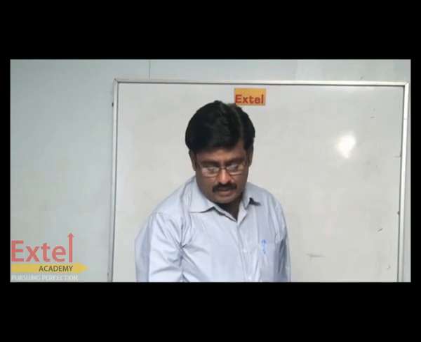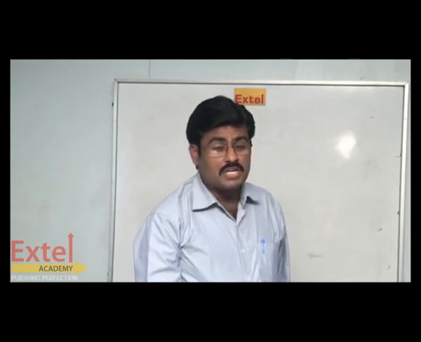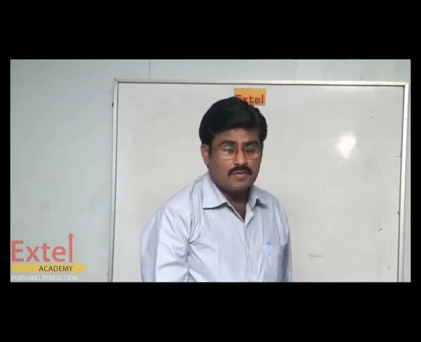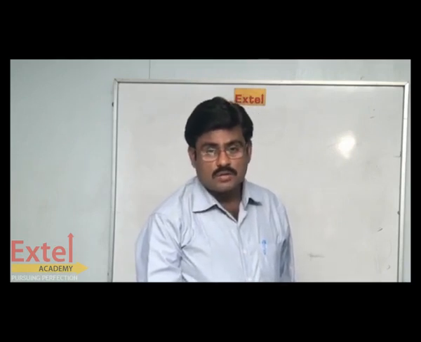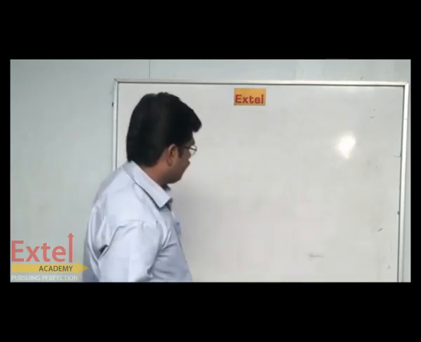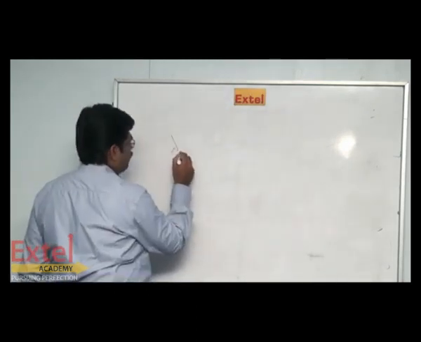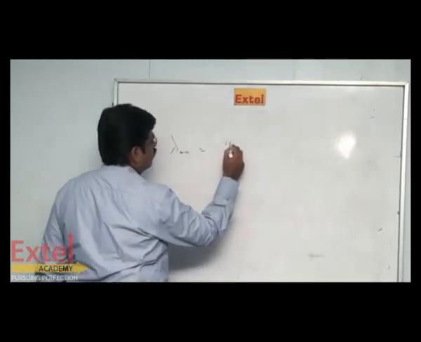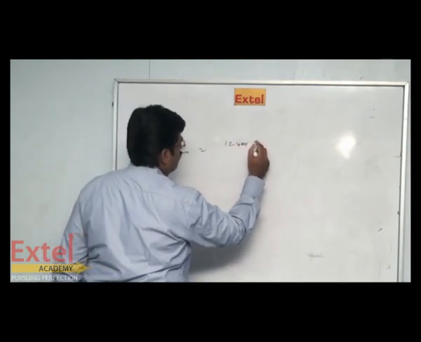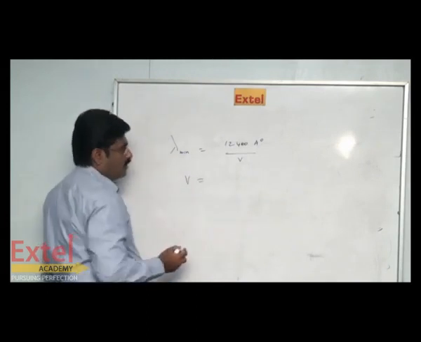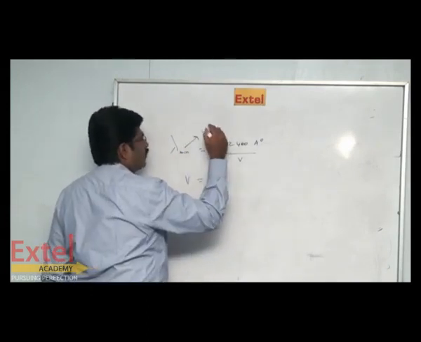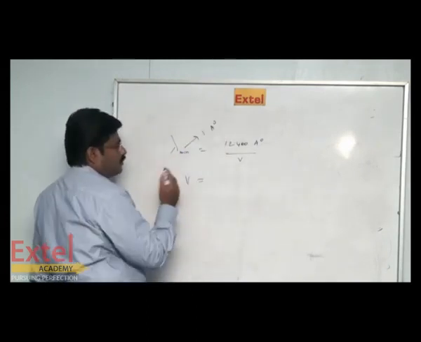So we have to calculate what must be the potential difference applied for producing 1 angstrom of an X-ray. So lambda minimum is equal to 12,400 angstrom by V. Then we have to calculate V. So this is given as 1 angstrom in the problem.